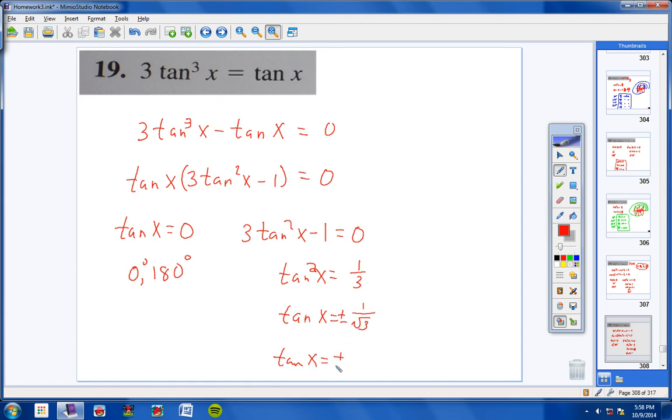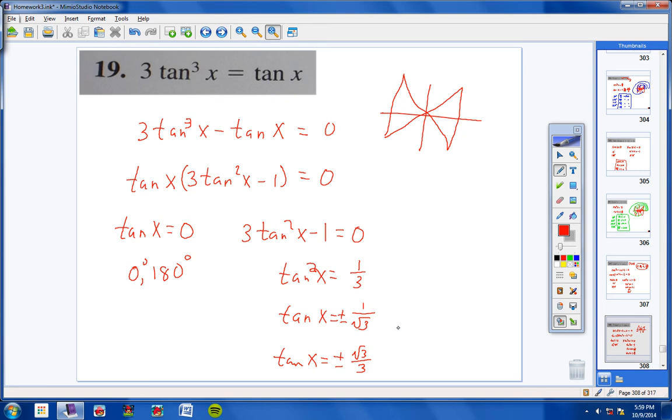So plus, minus, square root of 3 over 3 like this. And so here we go. Notice we want to find an angle that when I take the tangent of that angle, I get a positive or negative square root of 3 over 3. So I'm dealing with all 4 quadrants, okay? So I've got to find the 4 answers that when I take the tangent of that angle, I get square root of 3 over 3 positive or negative.